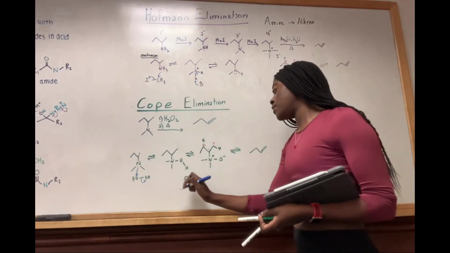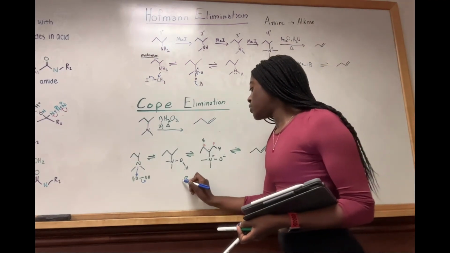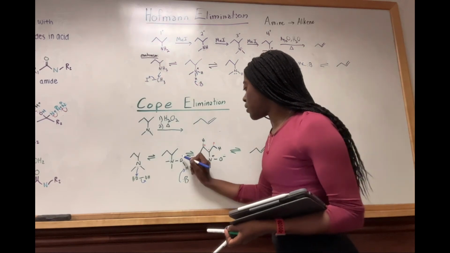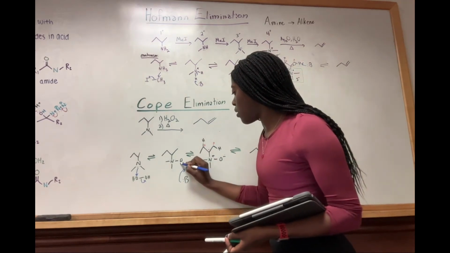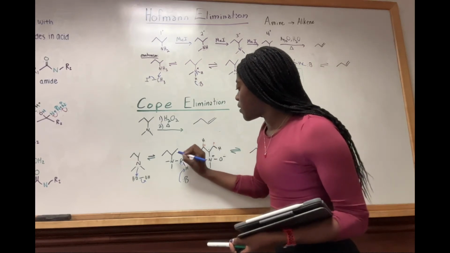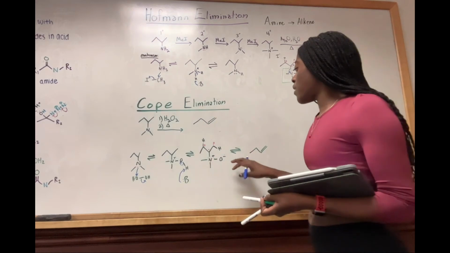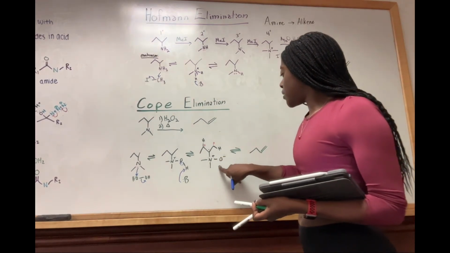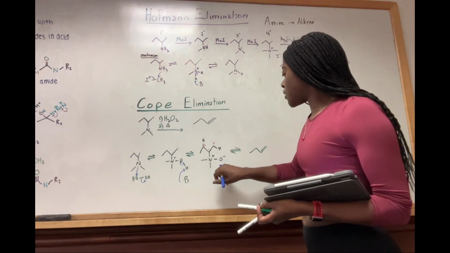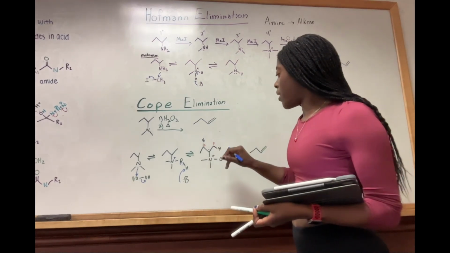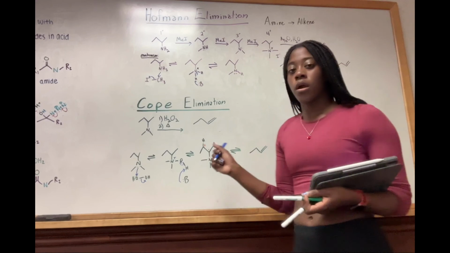Then we can use a base, could be OH-, to deprotonate that oxygen, and then the electrons just go onto the oxygen. Oh, and this is a positive charge. And then for this amine oxide, we can now again deprotonate at the beta carbon to then form our alkene.